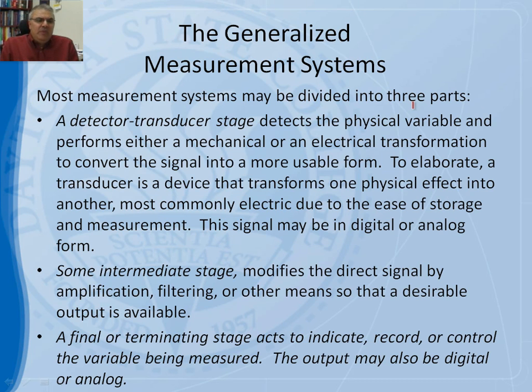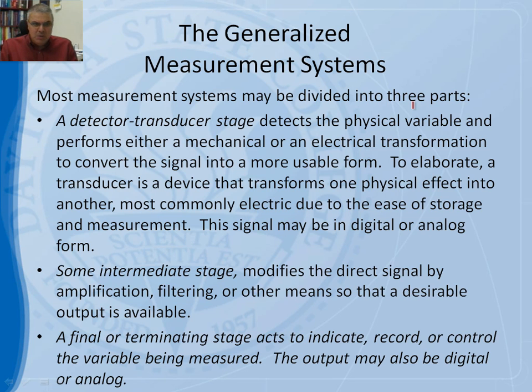So let's talk a little bit about the generalized measurement systems. Most measurement systems, again, most, not all, this is the more general category, may be divided into 3 parts, and don't get stuck too much on the stages here. At this stage, we need to get the overall picture.